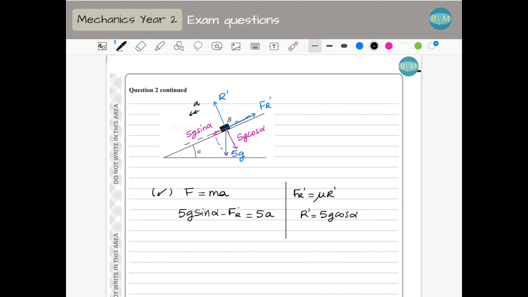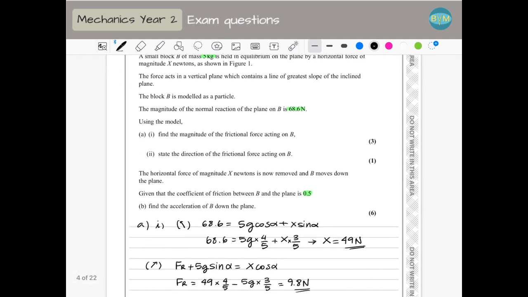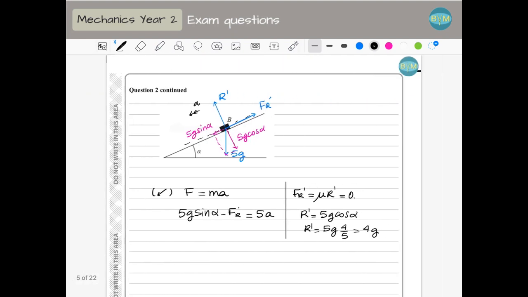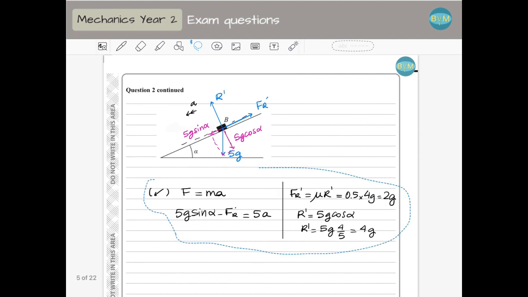So the normal reaction is 5g times 4/5, which means this is 4g. And that means my friction is going to be, what was the coefficient? 0.5, times 4g, which is 2g.